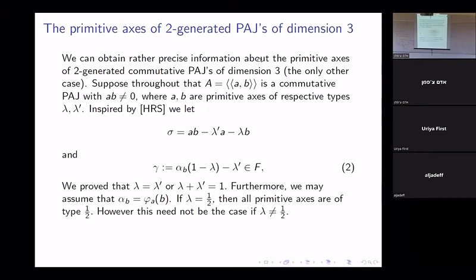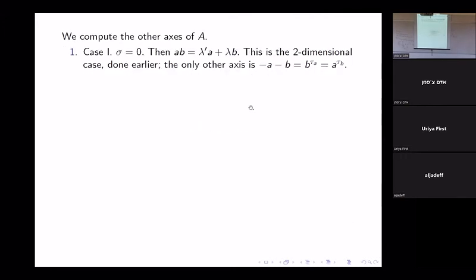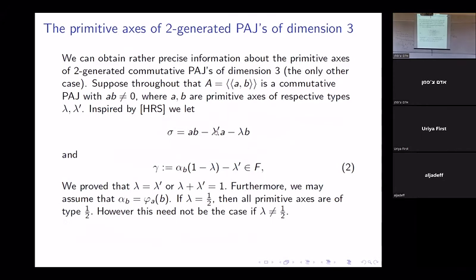Next, what about dimension 3? Primitive axial algebras of joint type of dimension 3. Well, HRS took A and B to have the same type.